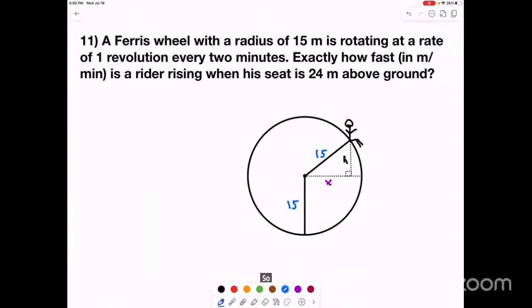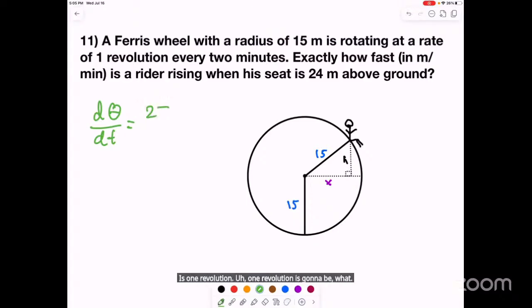So then we'll say the rate of change of theta with respect to time is 1 revolution. 1 revolution is going to be what, 2 pi radians?